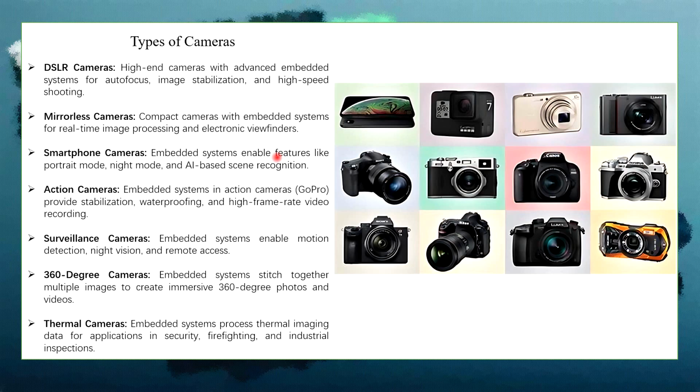Surveillance cameras: embedded systems enable motion detection, night vision, and remote access. 360-degree cameras: embedded systems stitch together multiple images to create immersive 360-degree photos and videos. Thermal cameras: embedded systems process thermal imaging data for applications in security, firefighting, and industrial inspection.